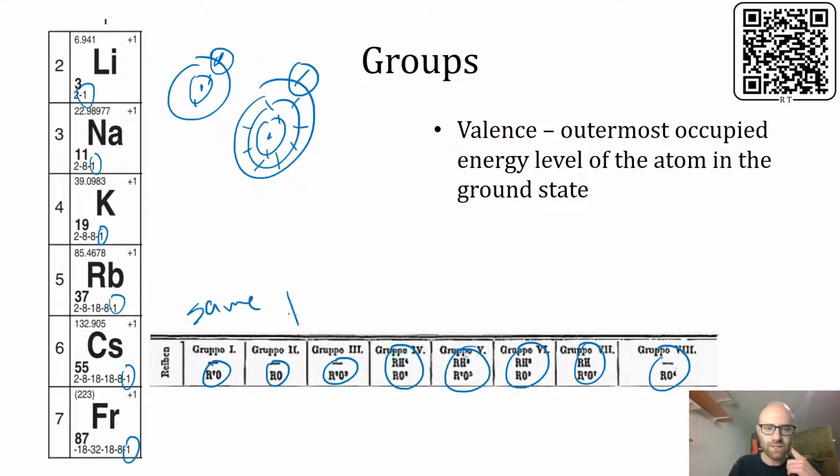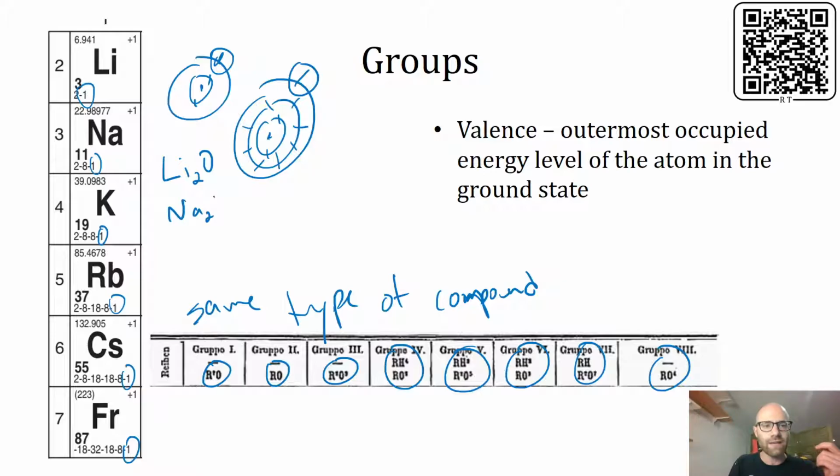That is to say, R2O and RO and R2O3. When lithium reacts with oxygen, the chemical formula for what's made is Li2O. When sodium reacts with oxygen, when potassium reacts with oxygen, when rubidium reacts with oxygen, you keep getting this 2-to-1 ratio. And that really stems from these similar outermost electrons called the valence.